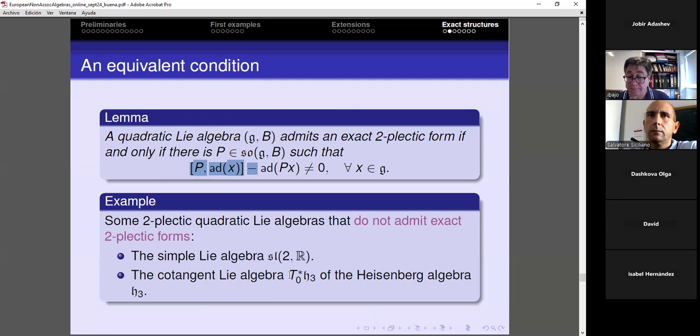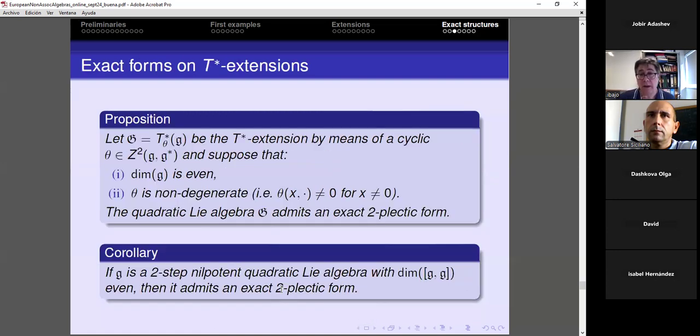So what can we say in these cases? Well, here we found that T-star extensions were really useful to construct exact examples.